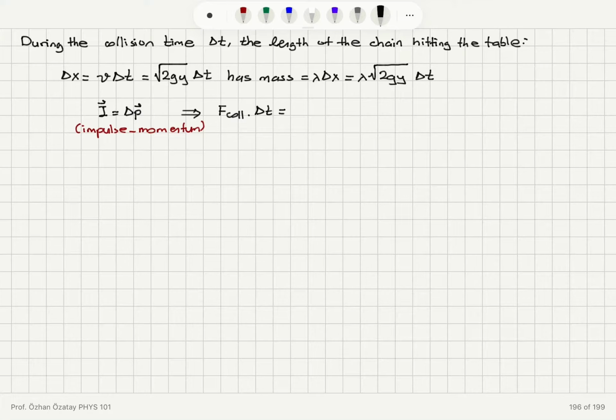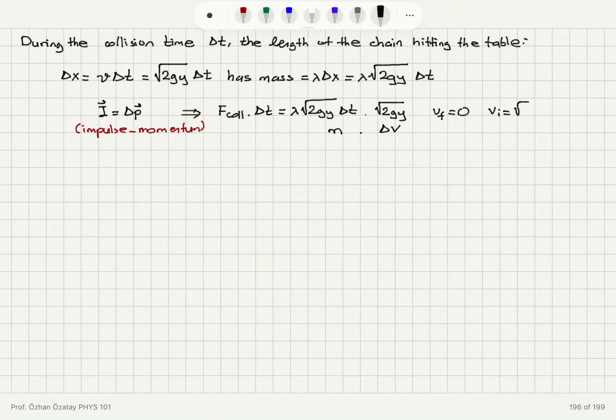Now, lambda times square root 2gy delta t is our mass, delta m, basically our mass hitting the table, and delta v is square root 2gy. So this is the mass hitting the table times delta v, which is the change in its velocity. The final velocity is 0, because the link that hits the table stops at that point.